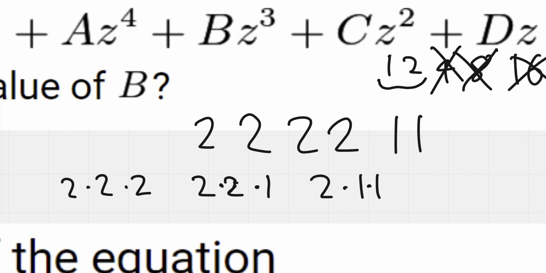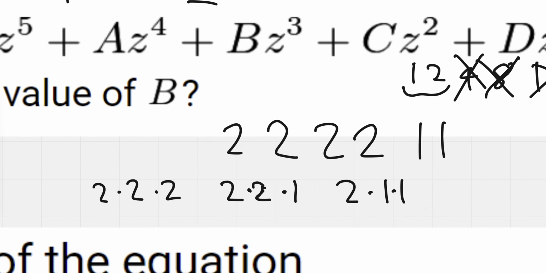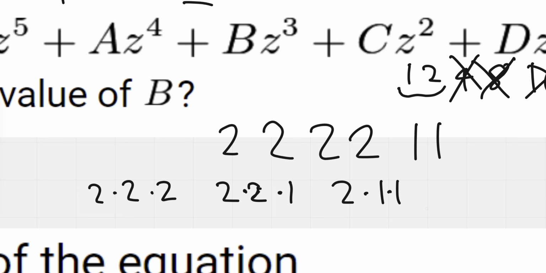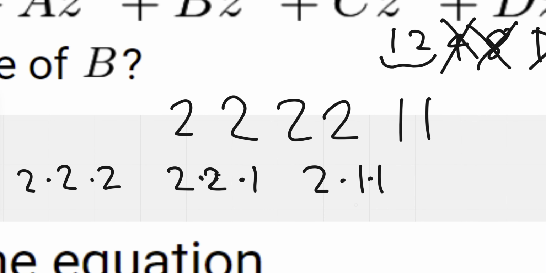These are the only 3 options that you can have, which is really convenient, because let's say these were really various, like you had 1, 2, 3, 4, and 5, it would be an absolute nightmare to have to calculate b. But fortunately, there are only 3 cases, so if we can count how many times each of these happens, it should be relatively easy to find the value of b.